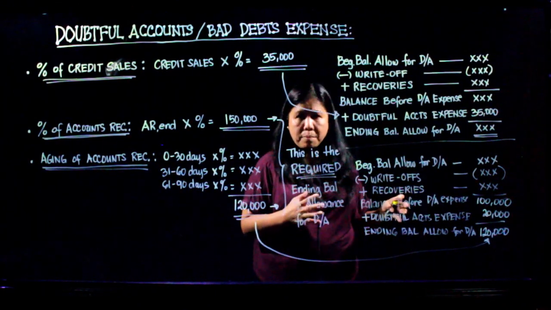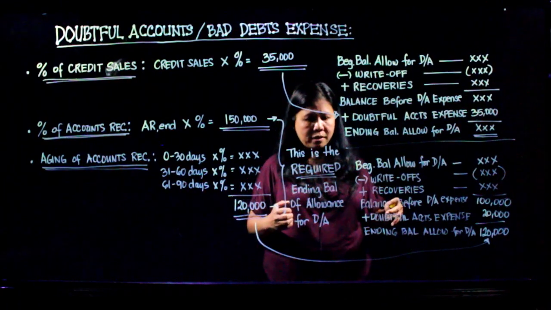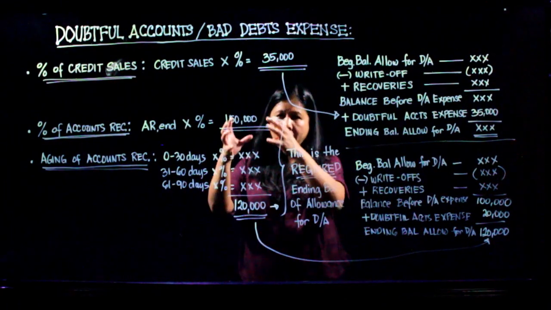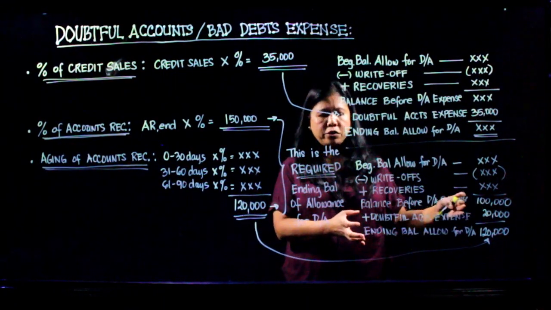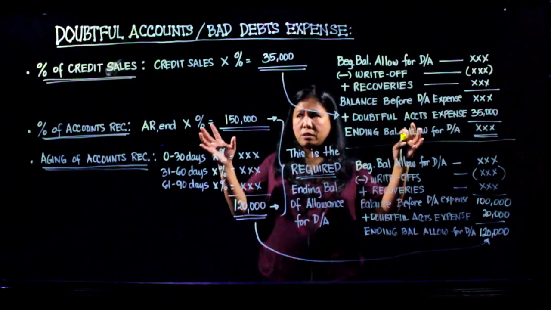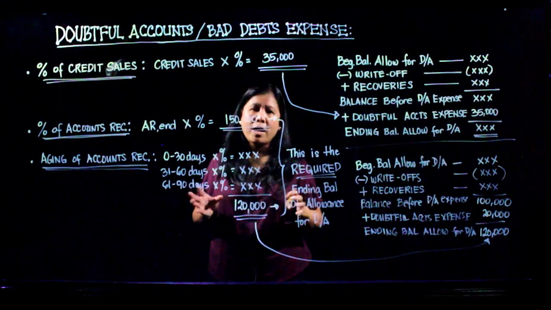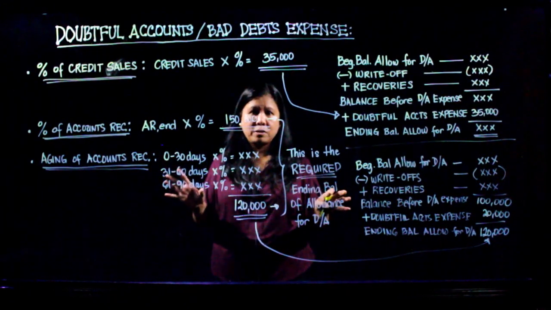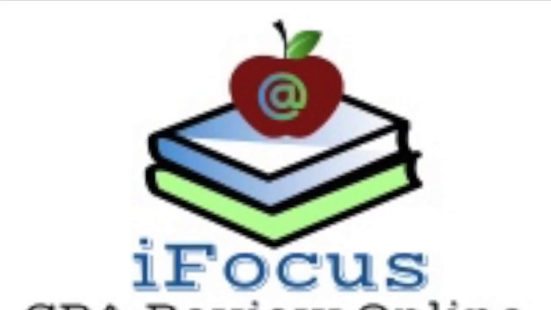Then you end up with the balance before the provision of the doubtful accounts expense. Then whatever amount you get here, this is your ending balance. Then you plug in your doubtful accounts expense. All right, so these are the three methods of how to calculate or estimate our doubtful accounts expense or bad debts expense.